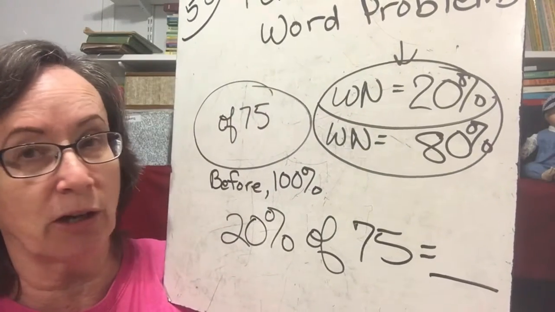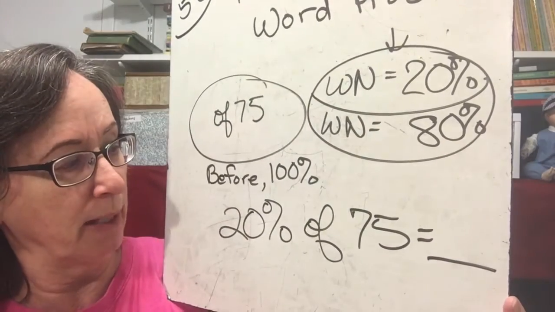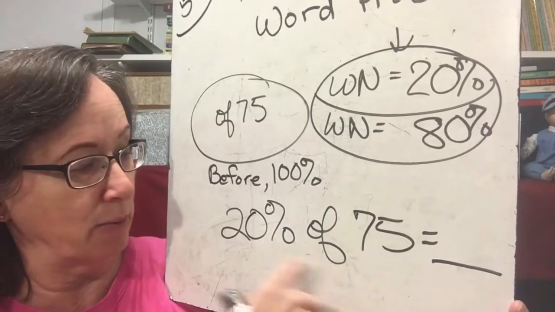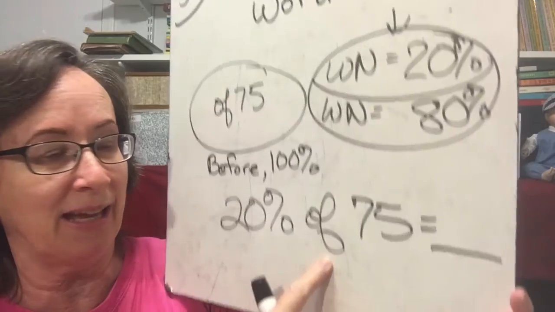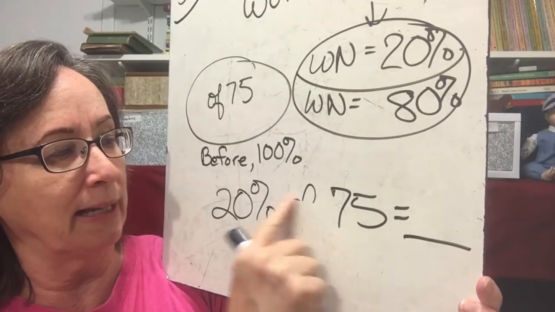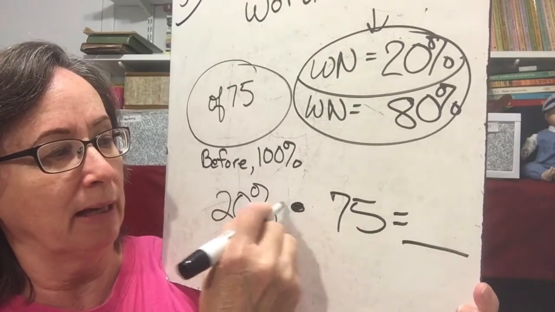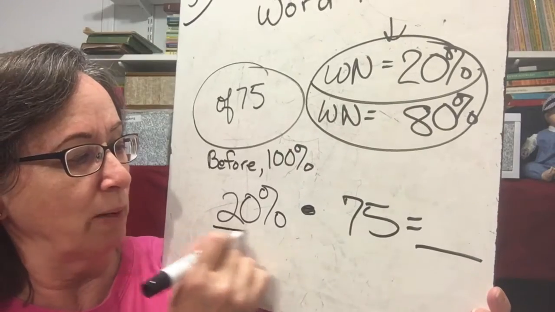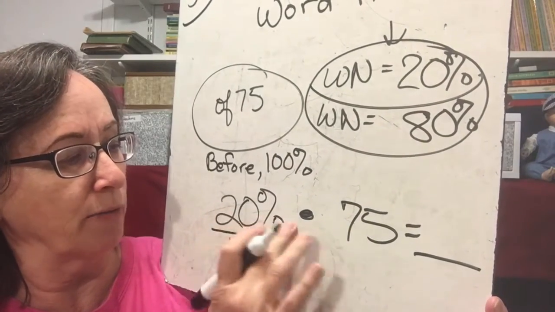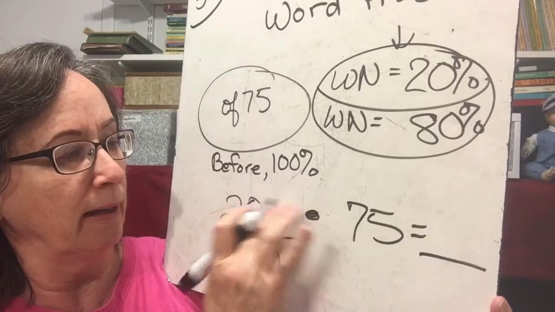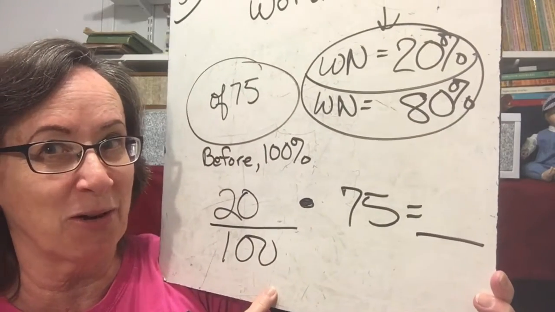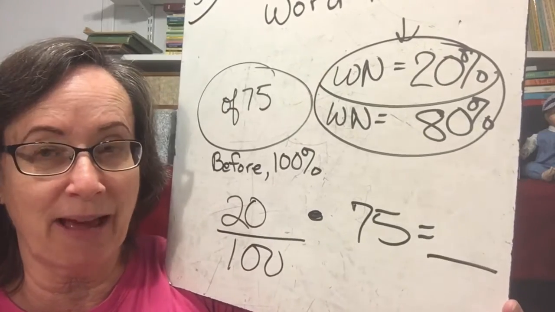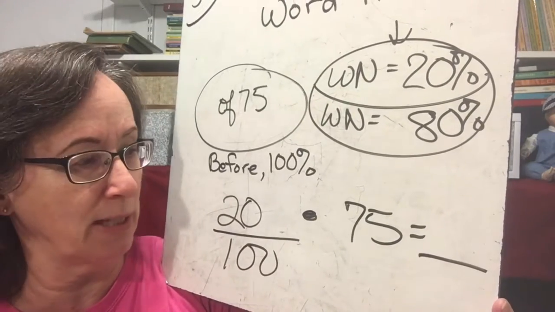So how do we go about working the problem? Okay, like I would do it this way. 20% of always means times. So we're going to end up multiplying by 75, and 20% is 20 over 100. So guess what I have? I have one of the forms that Saxon math uses to express percents.